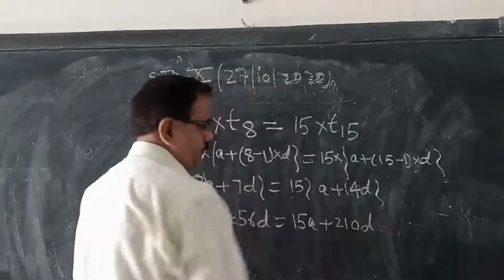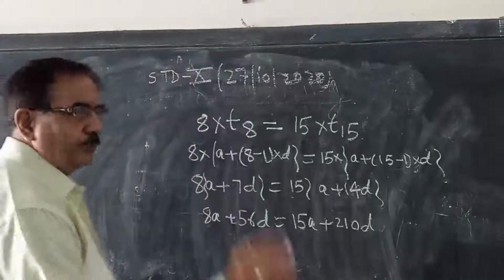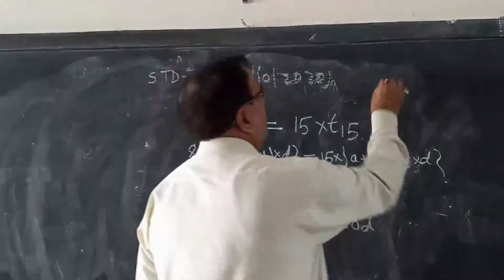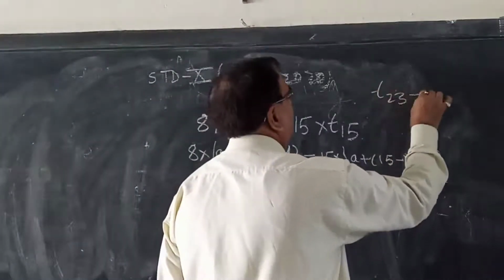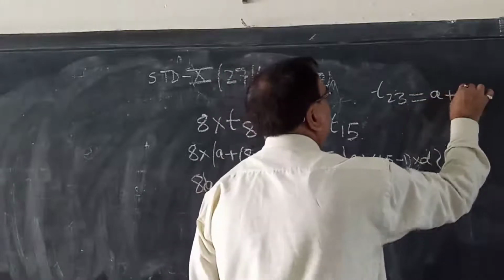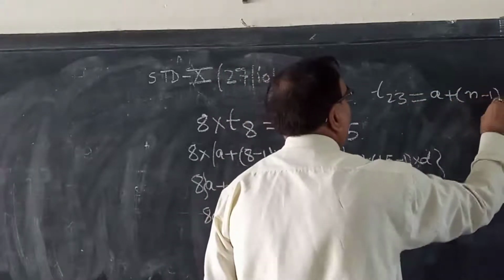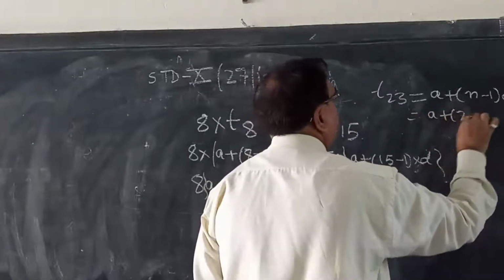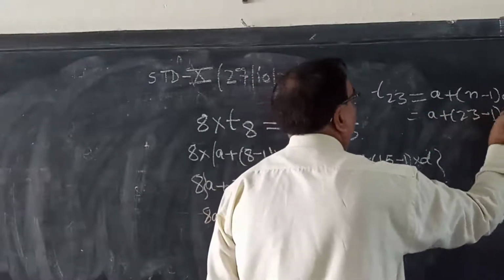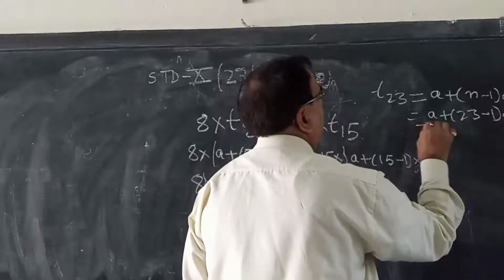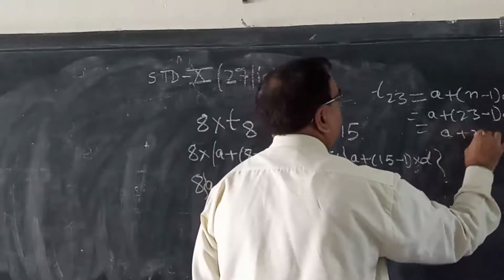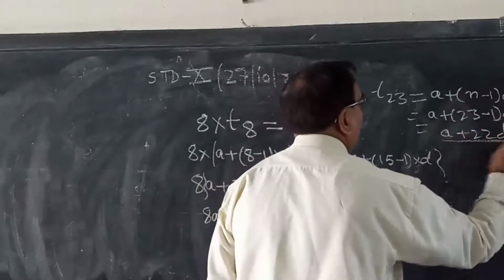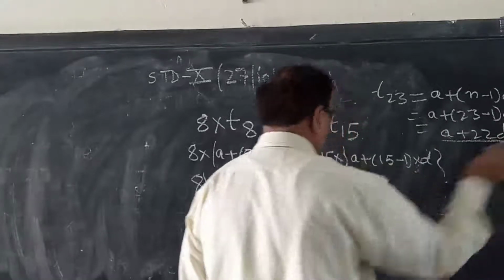210D. Okay, now we have to find the 23rd value. The 23rd term will be A plus n minus 1 D, the formula we will use. A, n is 23, minus 1 into D, that is A plus 22D. This value we have to find, and it will come 0. Why will it come 0?